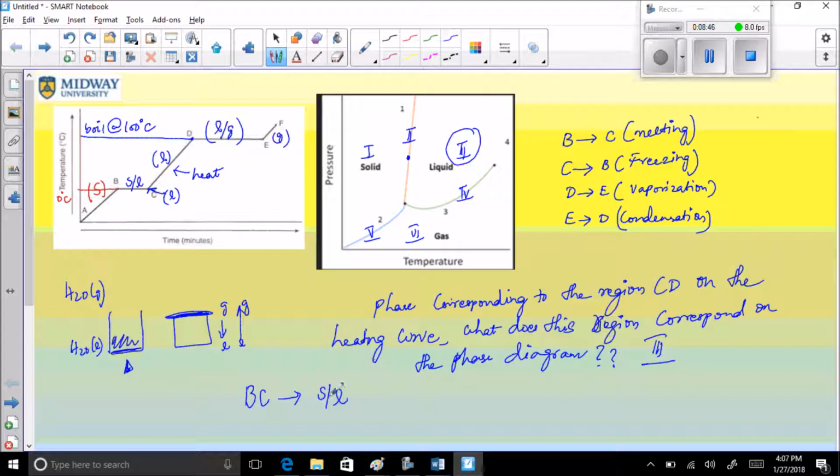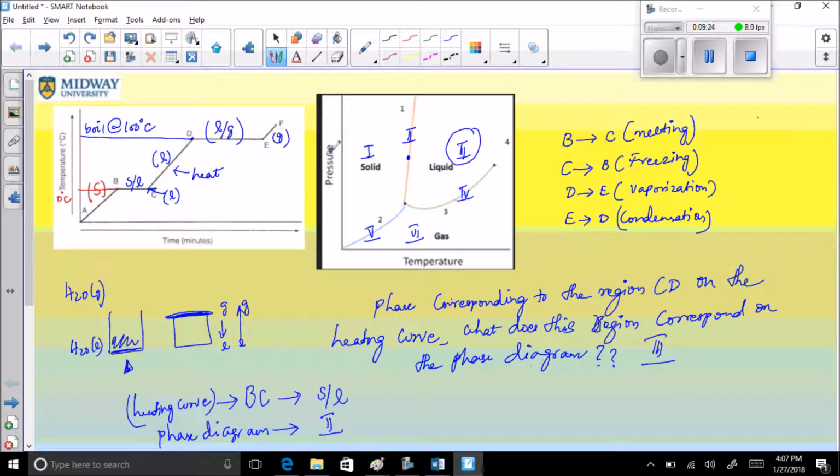So what does that correspond to on the phase diagram? Between B and C, I have both solid and liquid. So on the phase diagram, if I go to 1, that is purely solid. If I go to 3, that's purely liquid. Only 2 corresponds to the line, which is a combination of 2 phases. So that would be 2.